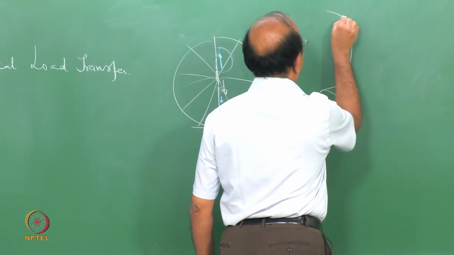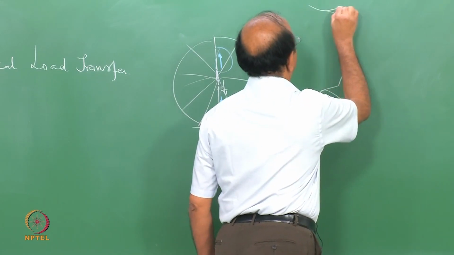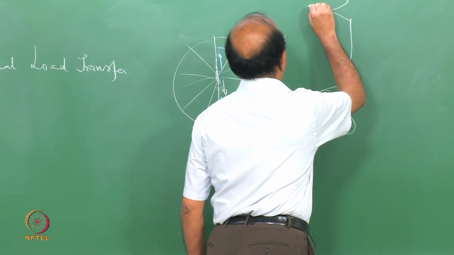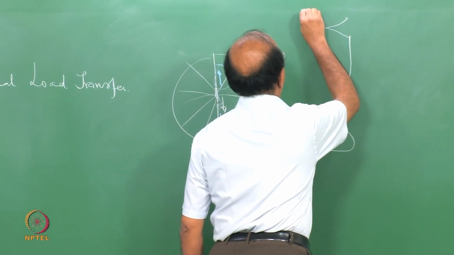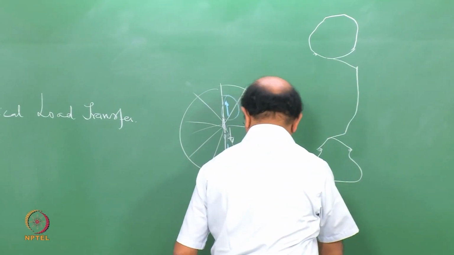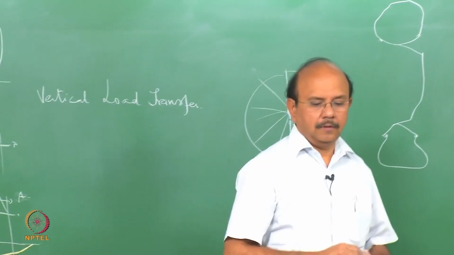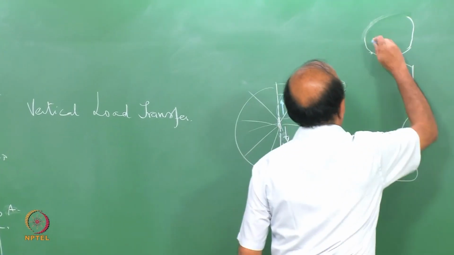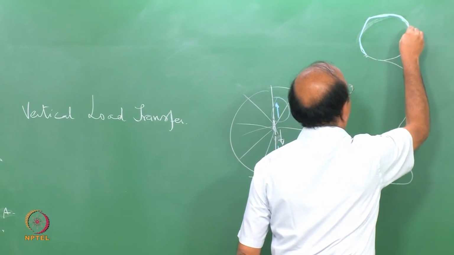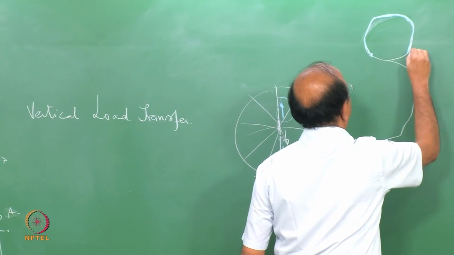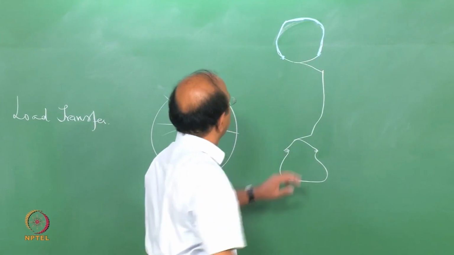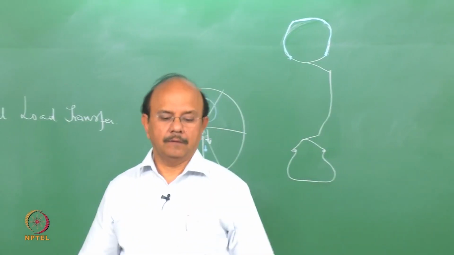And then again it goes like that, and then that's the rim, and then there is a sidewall of the tire. Let's say that's the tire, and that's what is called the bead. You would have seen all those things, and this is the tire.